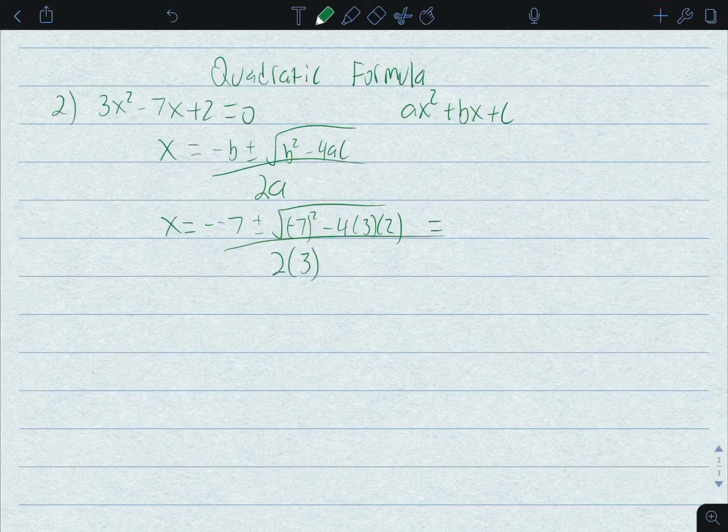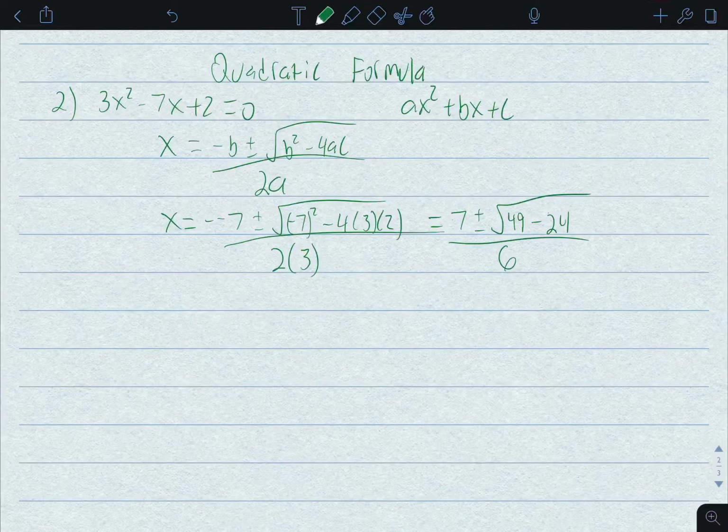We'll simplify. Negative negative 7 makes a 7, plus or minus, 7 squared is 49, 4 times 3 is 12, and then 12 times 2 is 24, divided by 2 times 3 is 6.